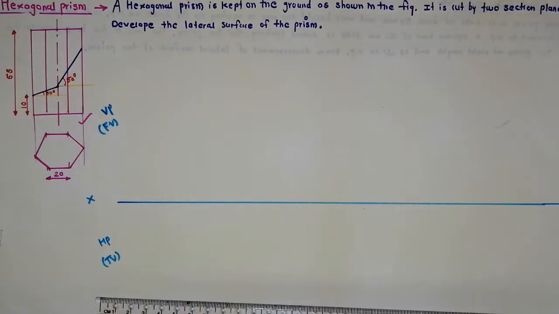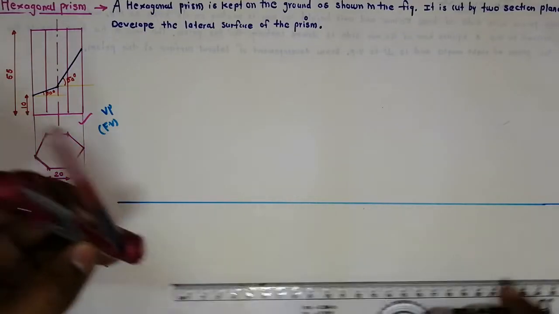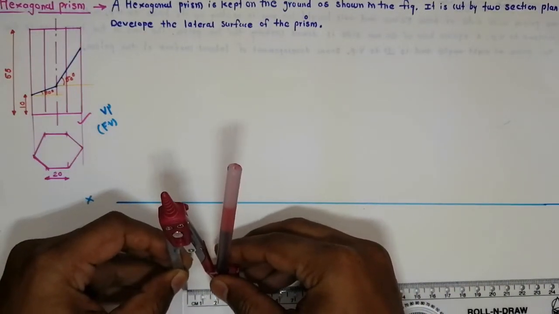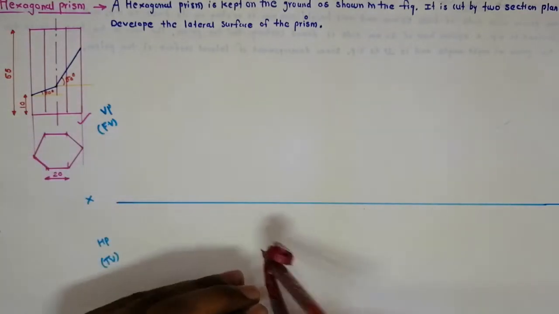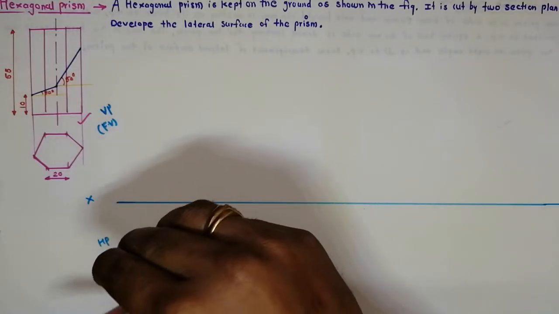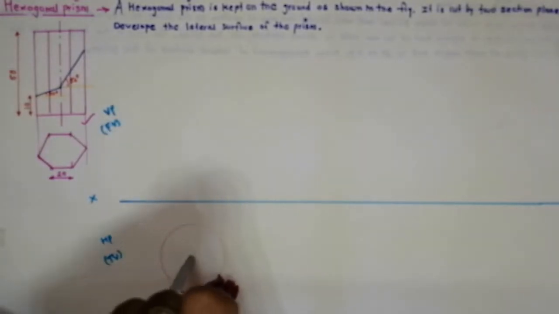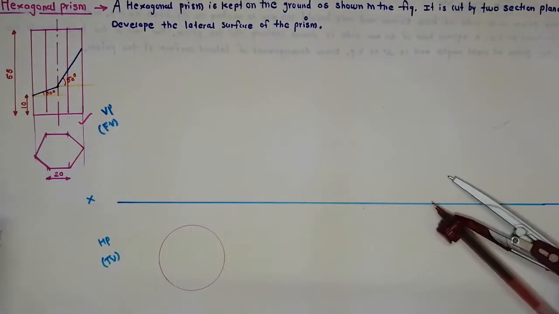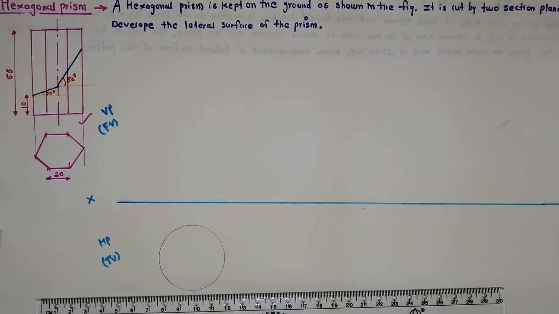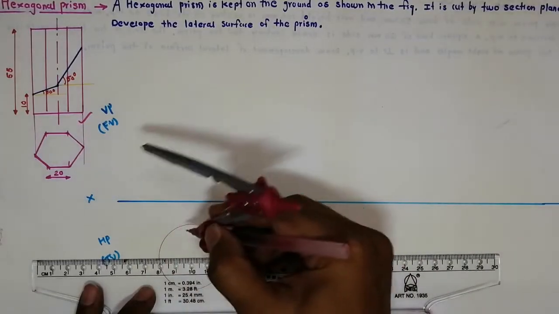How to construct the hexagon? The side is given as 20 mm, so take 20 mm as a radius in the compass and draw a circle. Then draw the horizontal diameter, because here it is resting on the corner.